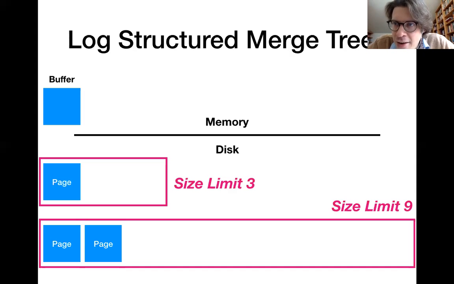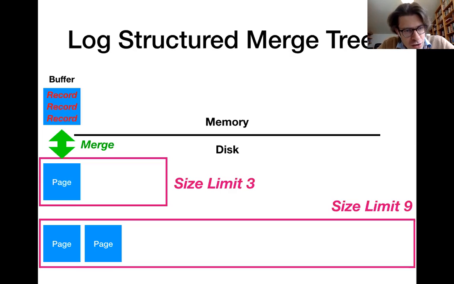So if we insert data, we always insert it first at the uppermost level. So now we insert multiple records until the buffer becomes full here. And at that point, we merge its content into the next lower level. So we essentially take the sorted content of the middle level and we merge it together with the content of the buffer.